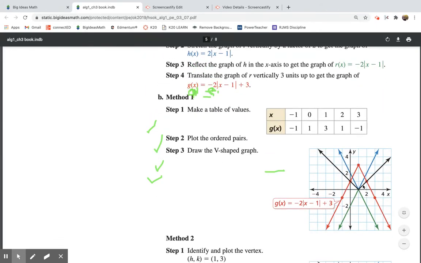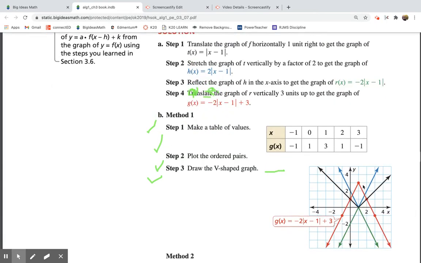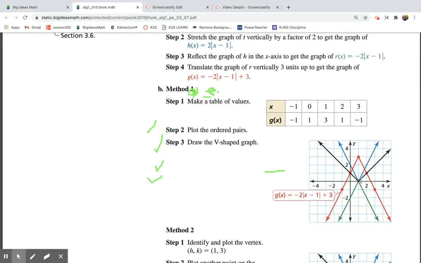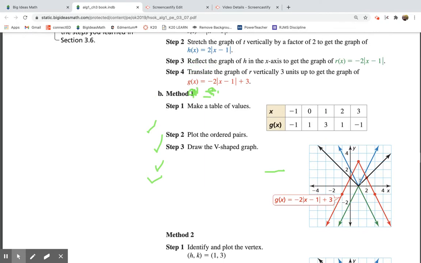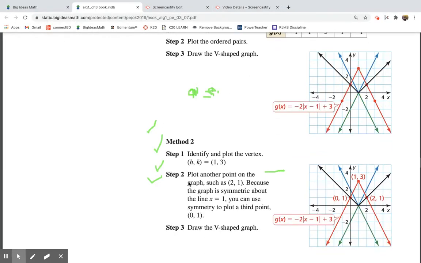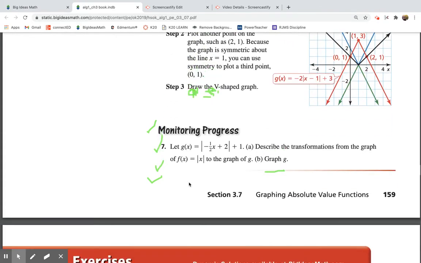Then the blue is where they stretched it vertically. Then green is where they reflected it. And then red is where they translated it up 3 units. Sorry, I got an email. That's all that noise was.